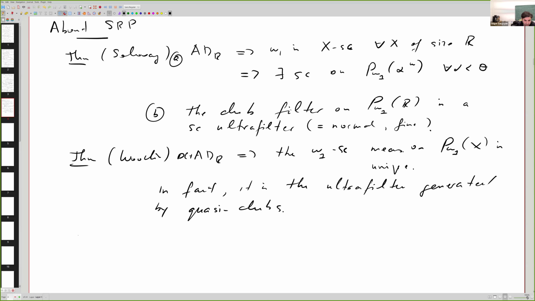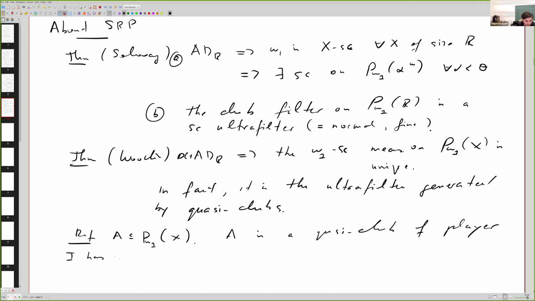So what's a quasi-club? We have A, a subset of P_omega1(X). So A is a quasi-club if player 2 or 1 has a winning strategy in the following game.